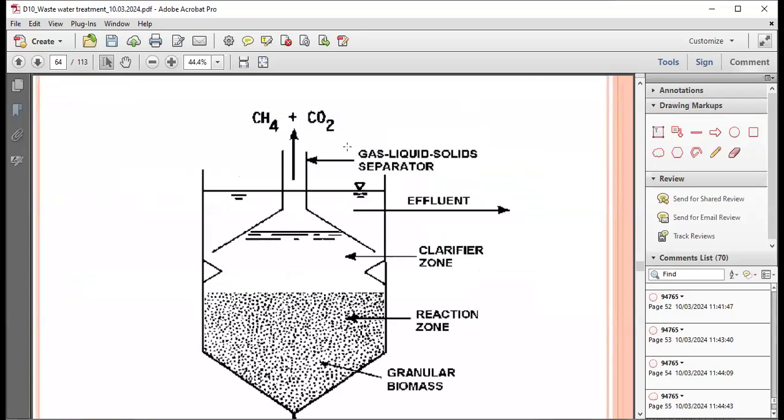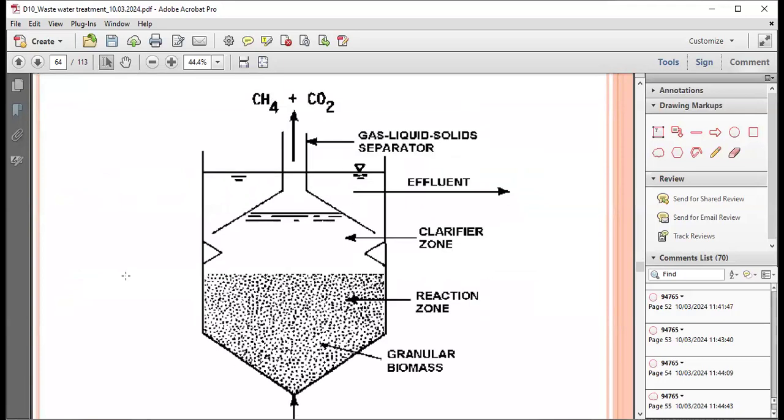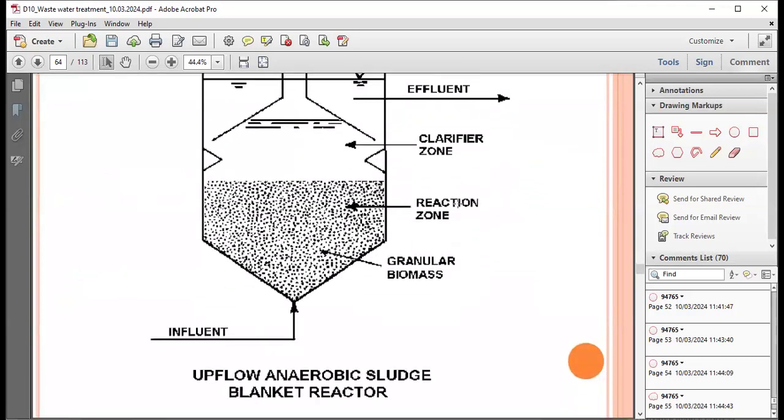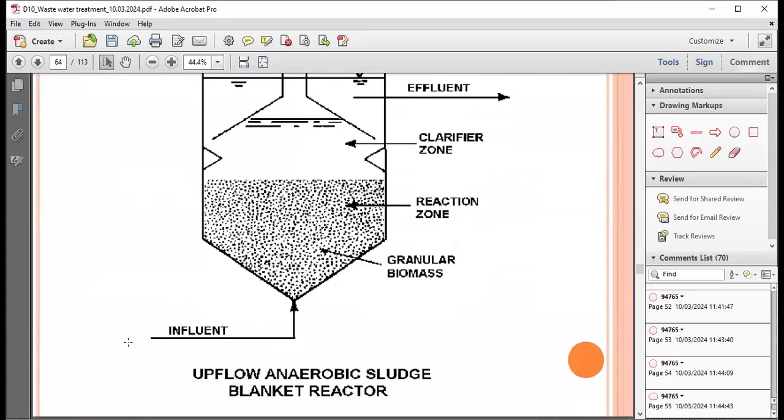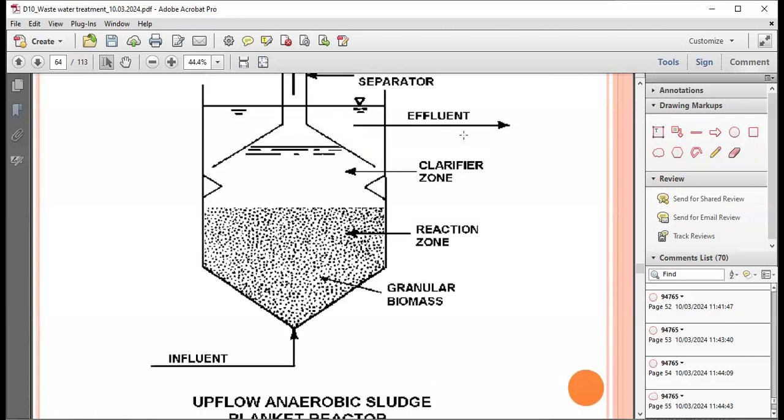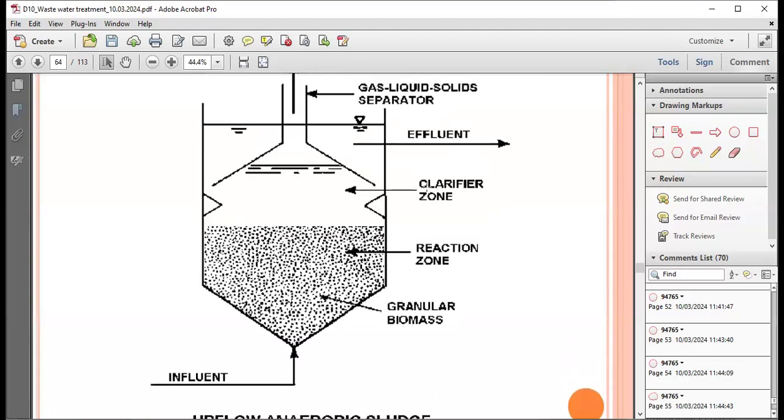Like this one: CH4 plus CO2, effluent, clarifier zone, reaction zone, granular biomass. Right? You can understand what the effluent means: the treated sewage water.